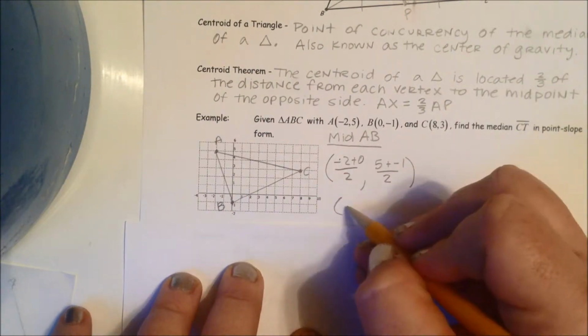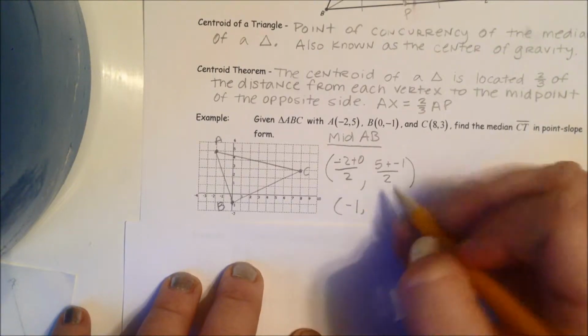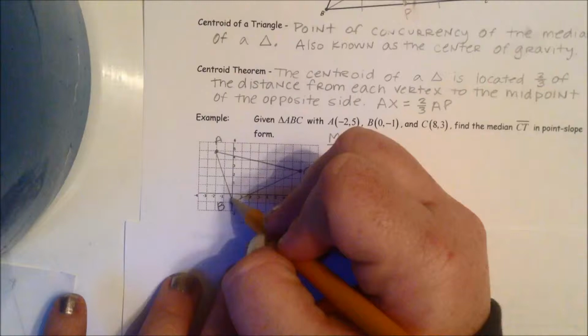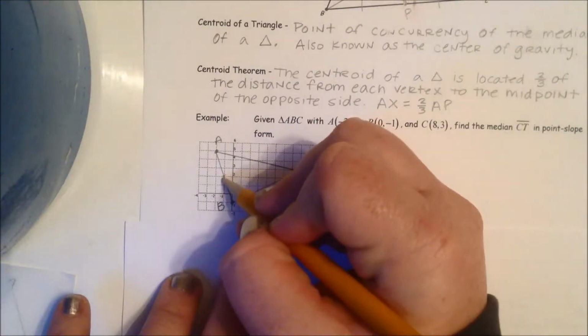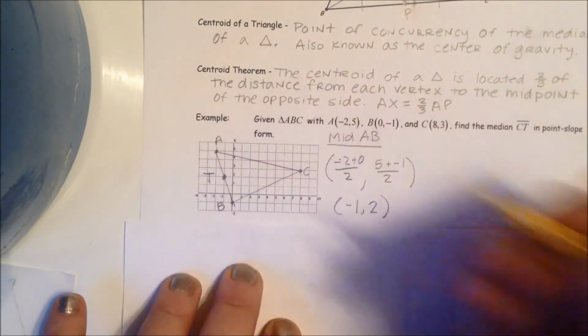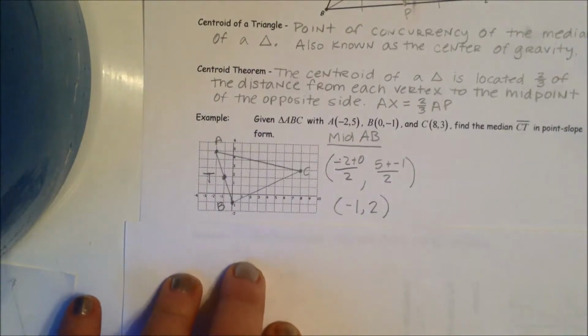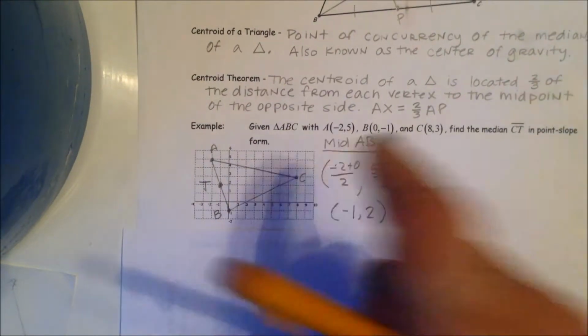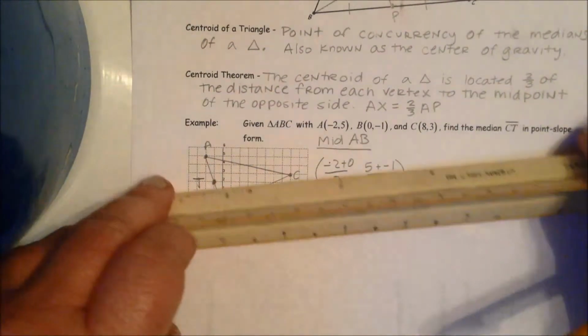So that gives us a midpoint of (-1, 2). So the midpoint over here is (-1, 2). This is point T. So I know that point T is going to connect to C because that is my median. So I'm going to draw a line connecting this.